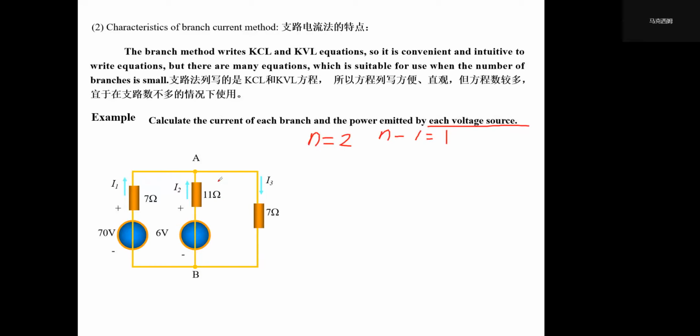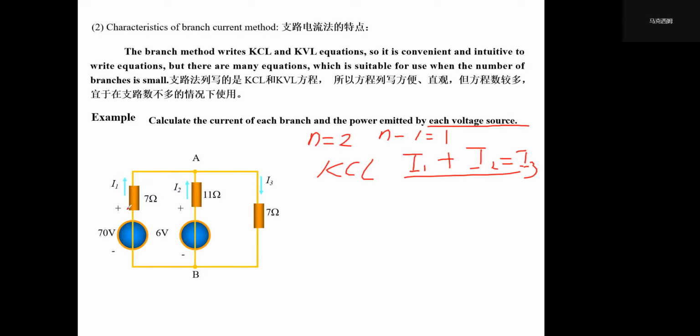We only have to write one KCL equation, KCL equation 1 about node A. So we have I1 plus I2 equals I3, because only I3 goes out and I1, I2 come in.